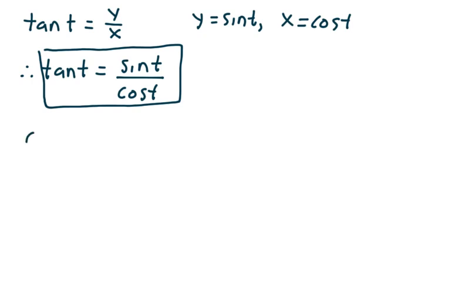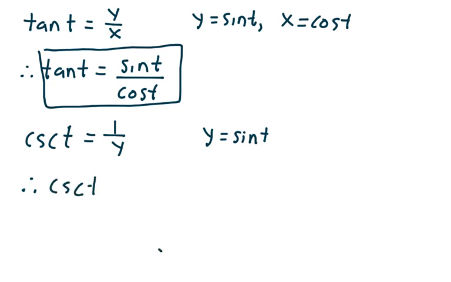Now, cosecant t is 1 over y. But remember that y is sine of t. Therefore, I'm going to replace y with sine t, and we get cosecant of t is 1 divided by sine of t.